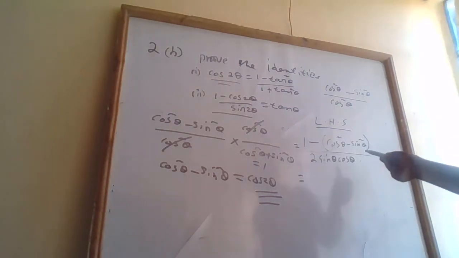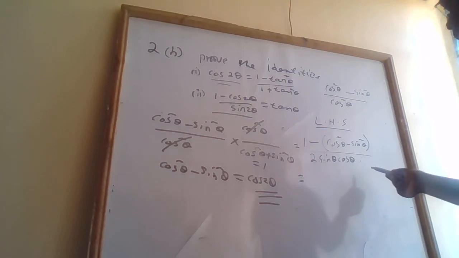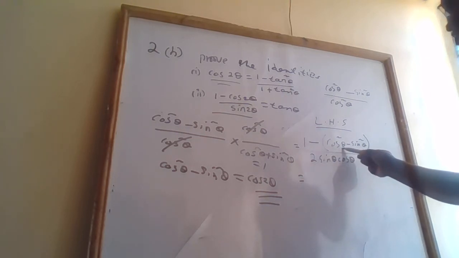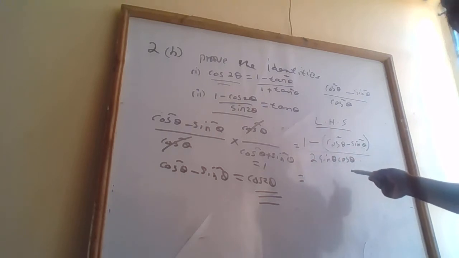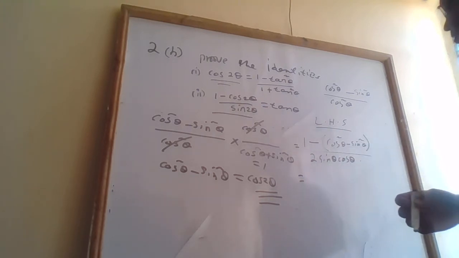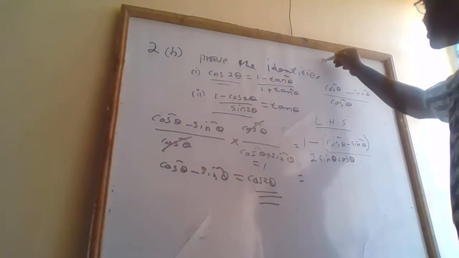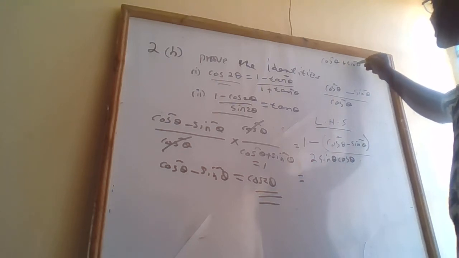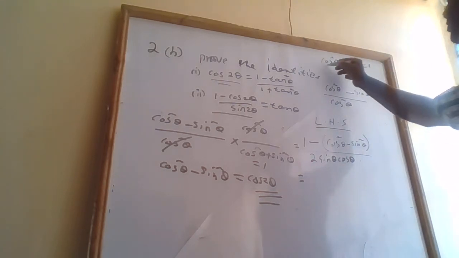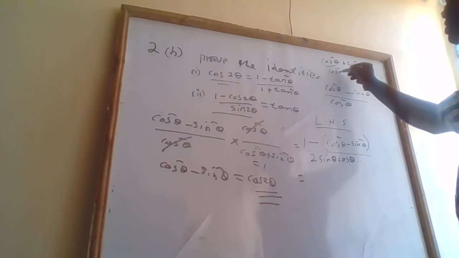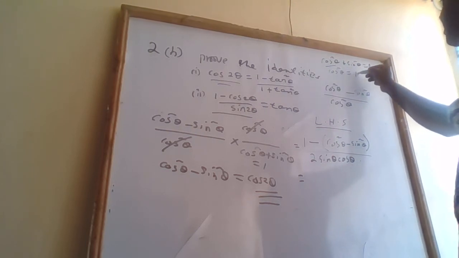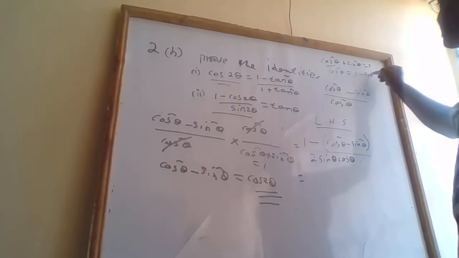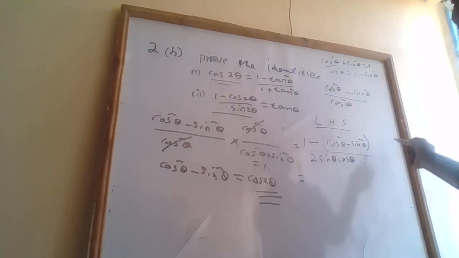Now we can write cos theta squared in terms of sin theta, applying the fundamental identity where we know that cos theta squared plus sin theta squared equals 1. Therefore, cos theta squared will be equal to 1 minus sin theta squared.